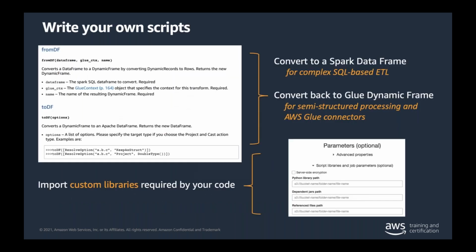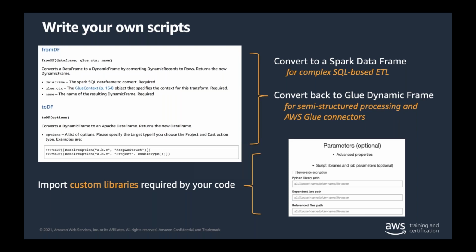But although we are very fond of Glue's dynamic data frames, it is needless to say that Apache Spark's data frame API also offers a very rich, powerful, and diverse set of complex transformations. That is why it is very important for developers to understand they can actually take advantage of both worlds, the AWS Glue and the Spark transformations at the same time.